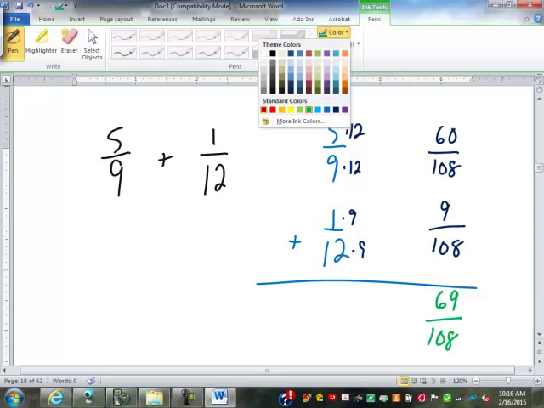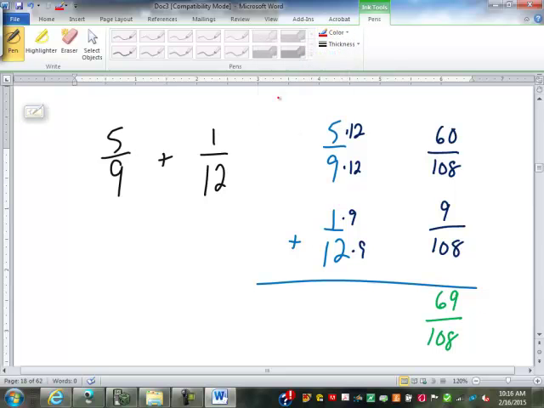Because now we have to reduce this. And at first glance, it's not really obvious that you can reduce that. But remember the sequence we always go through. Can they both be divided by 10? No. 5? No. 2? Well, the 108 can be divided by 2, but 69 can't. What's the next one we look for? 3.